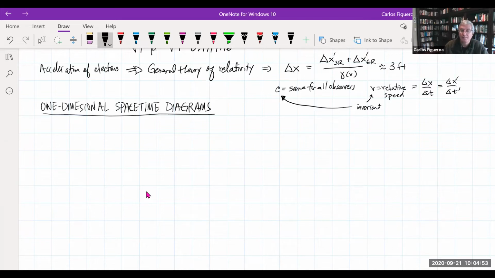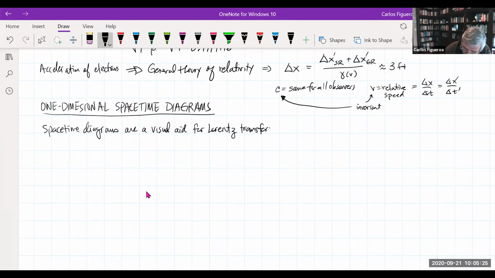So let's talk about space-time diagrams, because it's a visual aid to looking at Lorentz transformations. So if I look at this, space-time diagrams are a visual aid for Lorentz transformations, slash boosts.